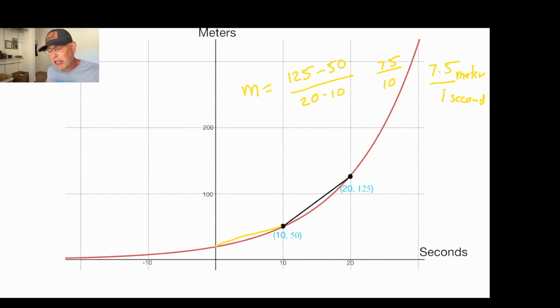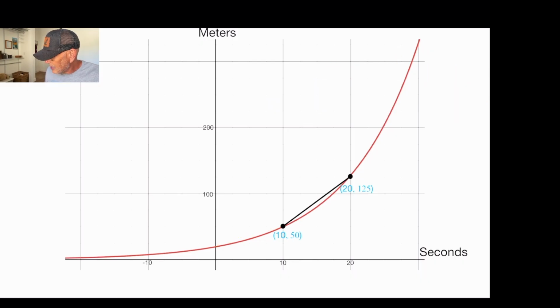Let's take a look at one more scenario. This time we're going to place our initial point at 20, 125, and our final point up here, we'll call that 30, 325. We're going to connect those with a secant line. Now, let's calculate the slope.